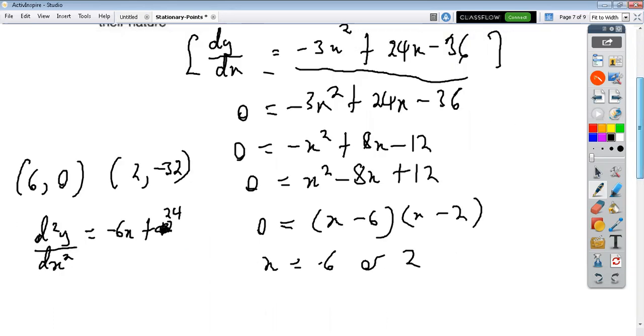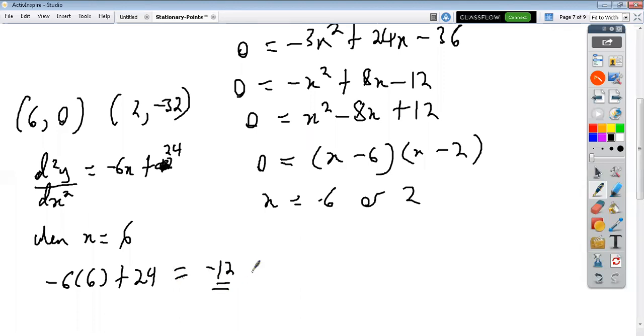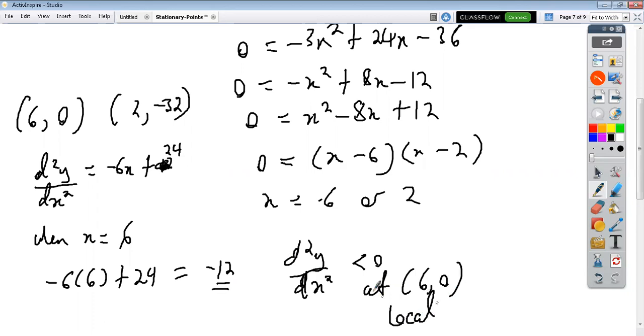Then we are simply substituting when x is equal to 6. So this is minus 6 brackets 6 plus 24. That gives you a negative, minus 36 plus 24, so negative 12. Don't need a calculator for that. So it means d squared y over dx squared is less than 0. So at 6, 0, it's a local maximum.